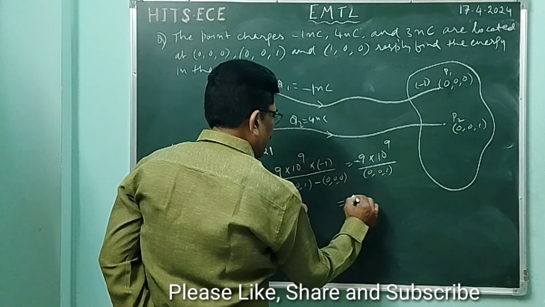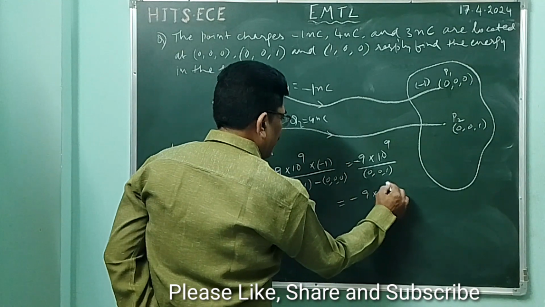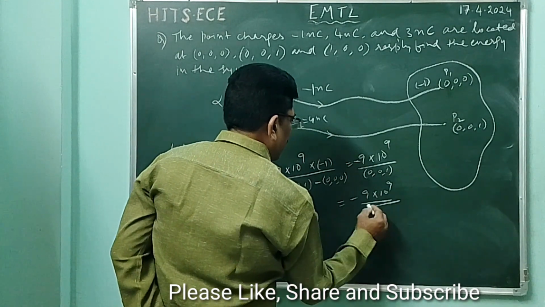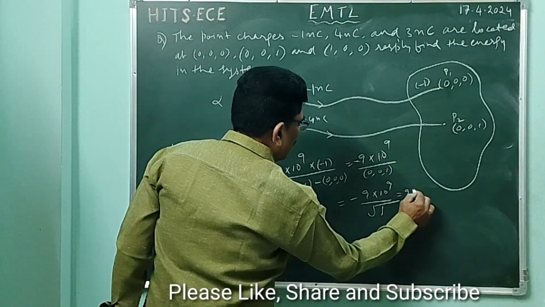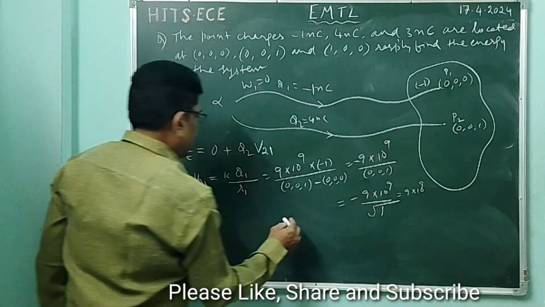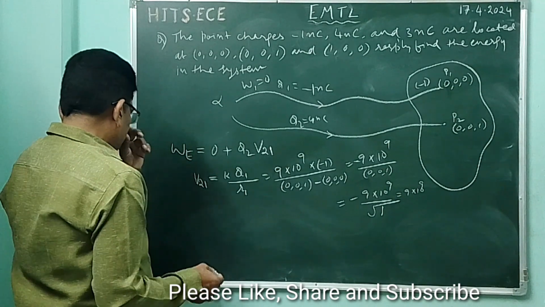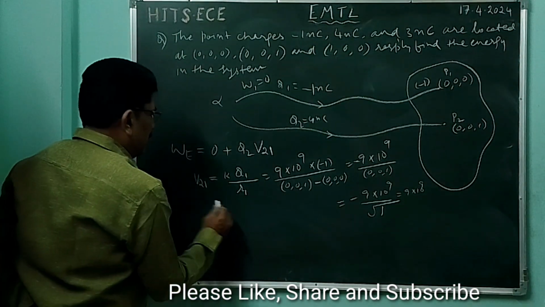Its magnitude is root of 0 square plus 0 square plus 1 square, that is 1, so V21 is equal to minus 9 into 10 to the power of 9.